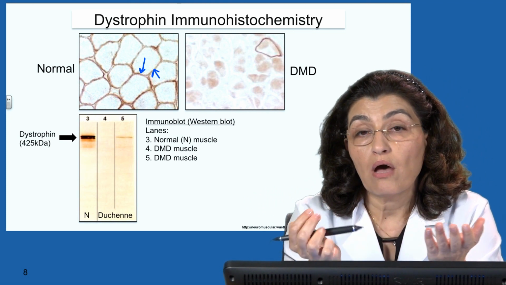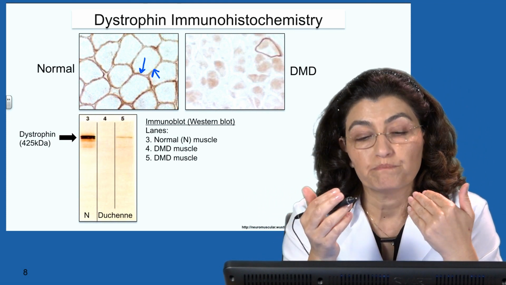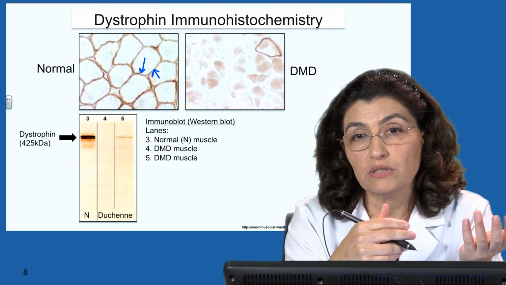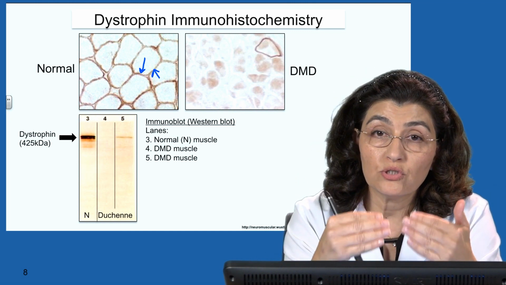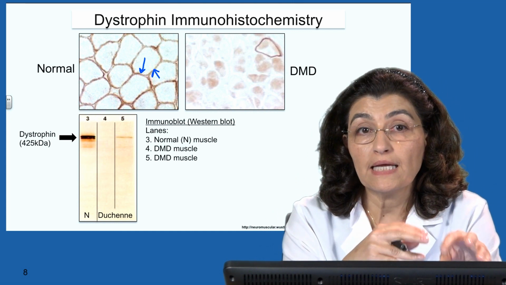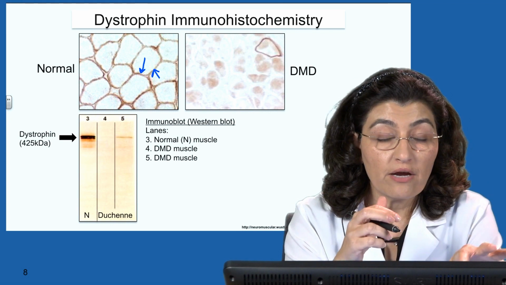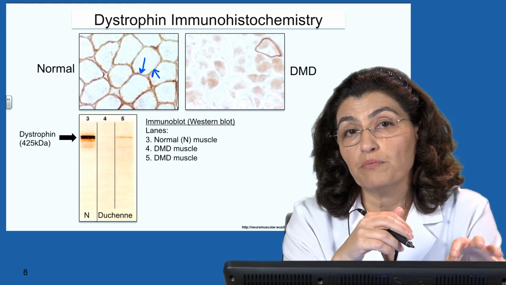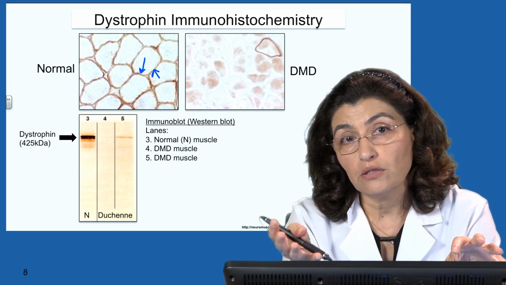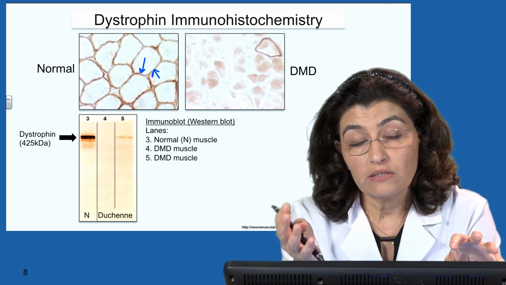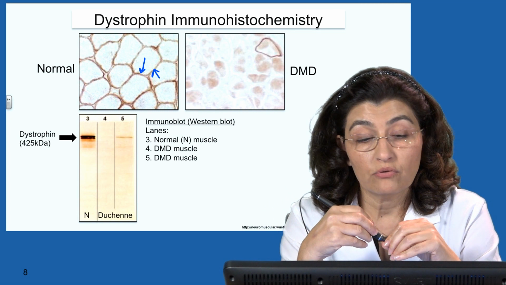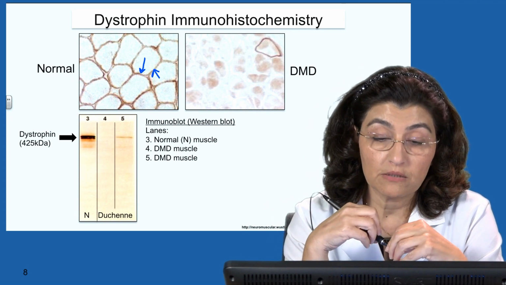And that's exactly how we differentiate Duchenne muscular dystrophy in a biopsy from normal skeletal muscle, or from other types of muscular dystrophies when studying dystrophin. When we send antibodies to dystrophin, if they're there, they color the muscle, then we know that if the patient has an abnormal muscle, it's not Duchenne or the variants of it. And if it does not have it, then we know that we are on the right track for the diagnosis of Duchenne or variants of it in this patient.